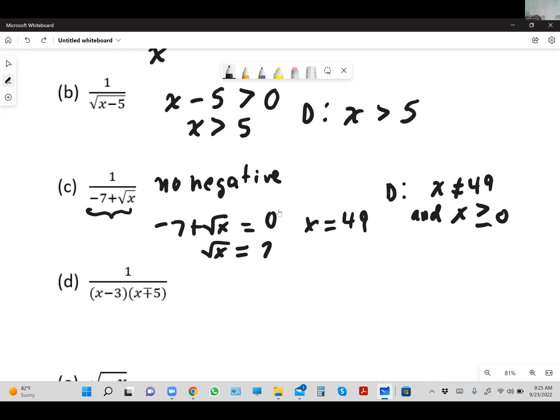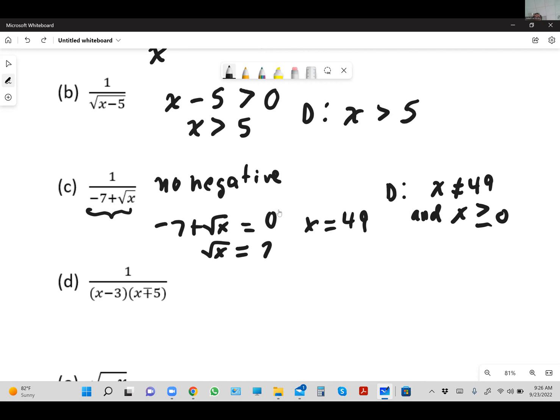Then I get rid of the square root, and x equals 49. When I put 49, what's the square root of 49? 7. And what's -7 plus 7? 0. Can I have a 0 in the denominator? No. That's how I got the 49. I had to find the number such that the denominator comes out to 0. Now, guys, does that make sense?